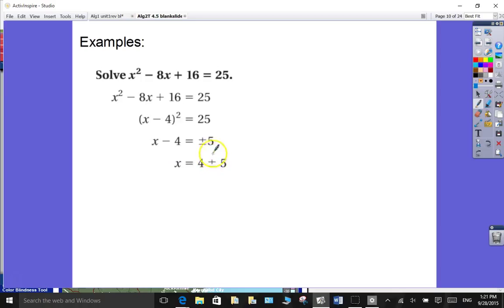Don't forget that. But I have one more step. Because I have x minus 4 on the left, to solve for x I have to add 4. So that's what you can do when what's on the left-hand side is a perfect square trinomial.